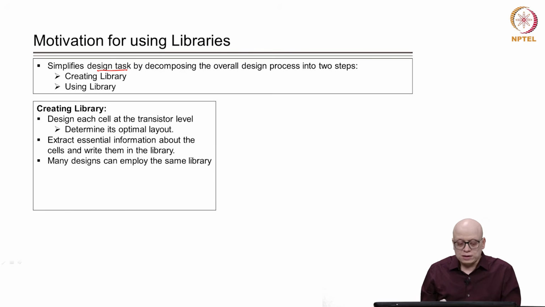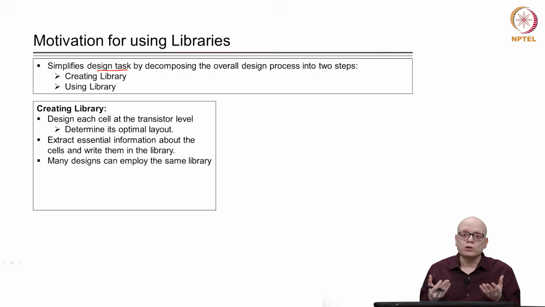Okay. So, now once we have created this library, then this library can be used by multiple designs. For example, say we have created a library for 45 nanometer technology, then using this library, many designs can be taped out, or the layout of that can be designed, and then fabricated.